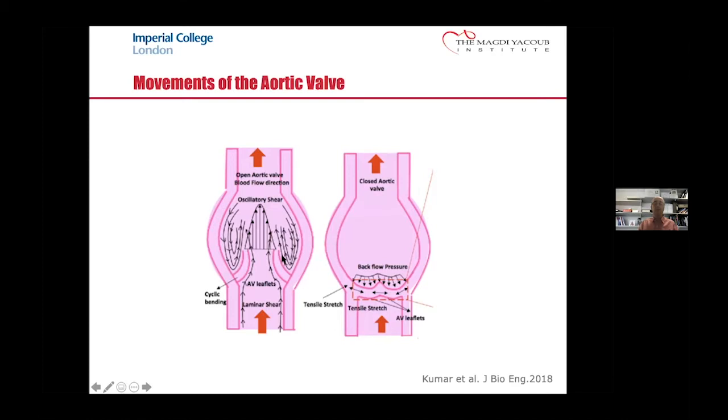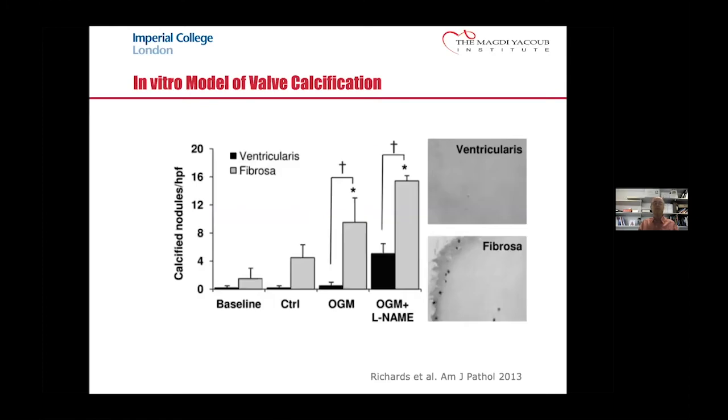So we wanted to look at what protective role the endothelium may have under these conditions. And in collaboration with Jonathan Butcher's group, we looked at induction of calcification by osteogenic media, by counting calcified nodules in samples of valve.